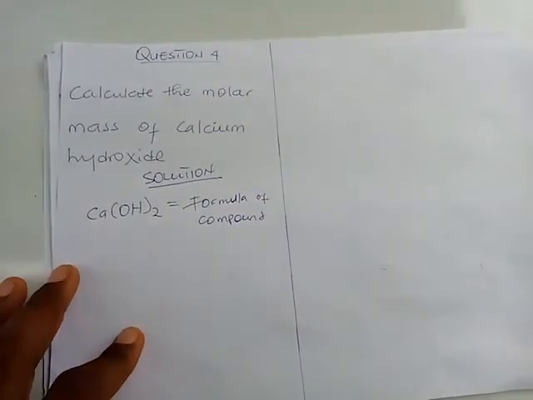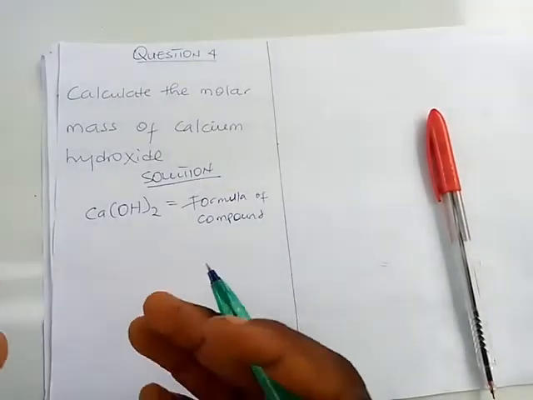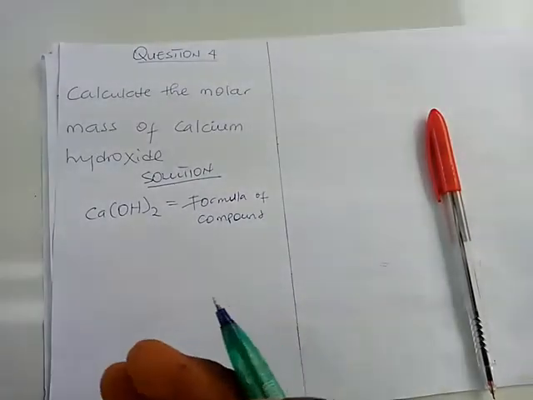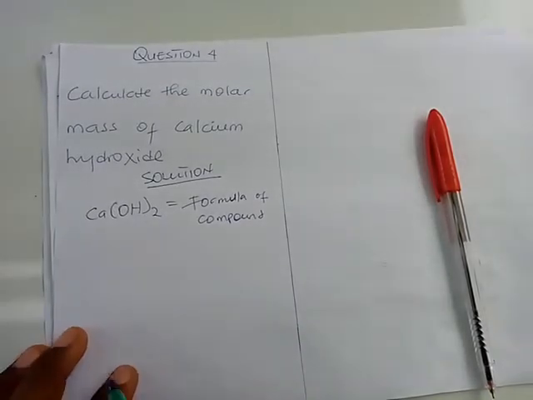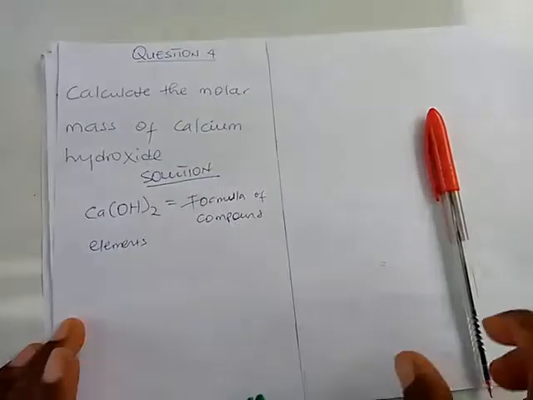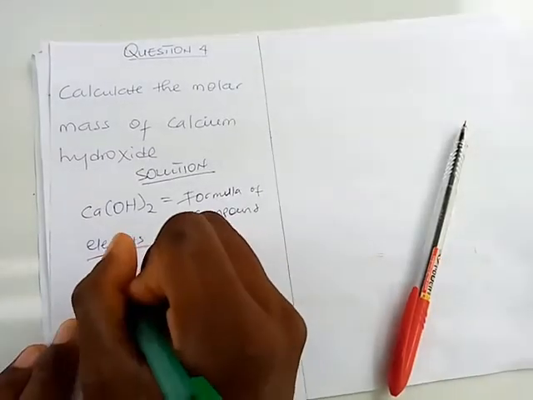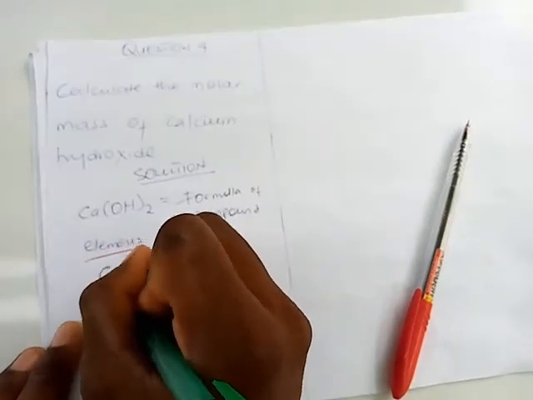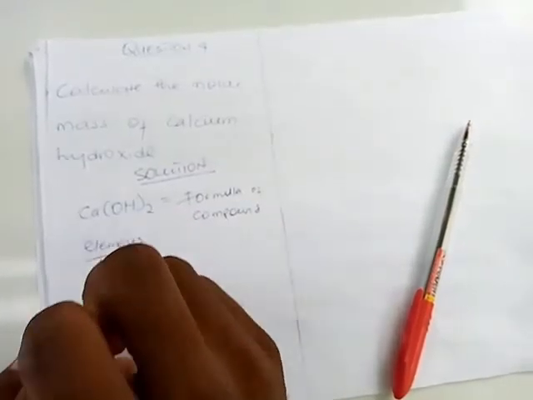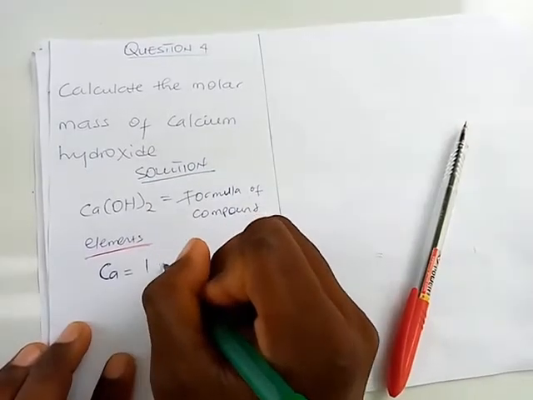So the next thing is the number of atoms of each of the elements that make it up. So for the elements we have calcium. How many atoms of calcium? We have 1 atom of calcium, 1 atom.